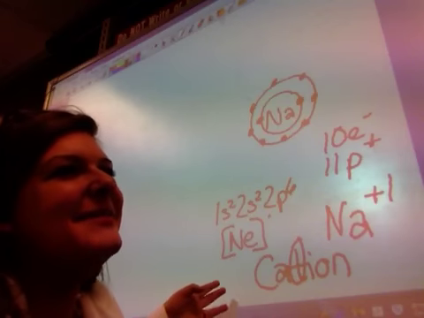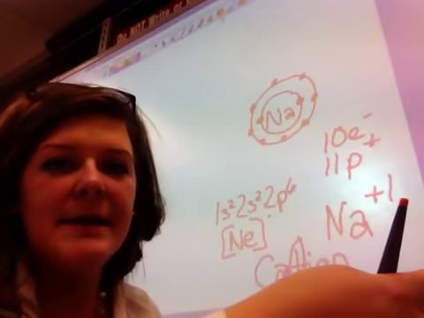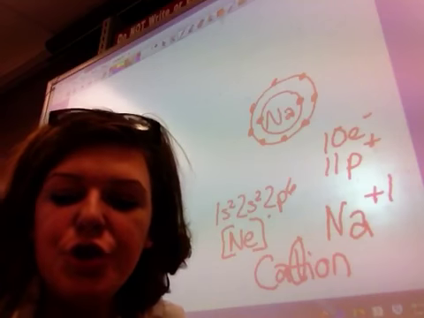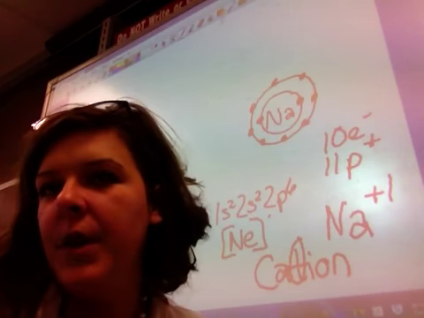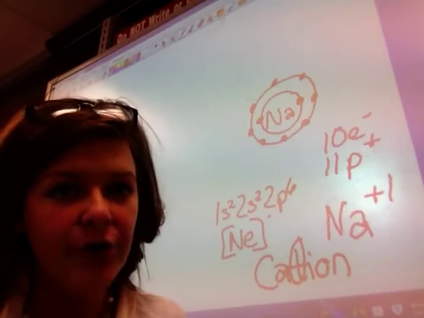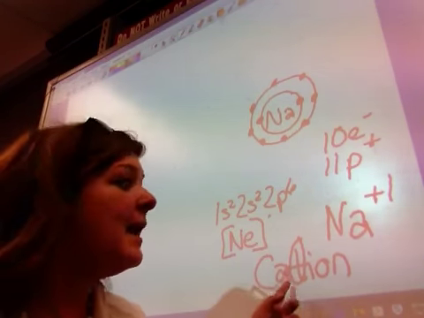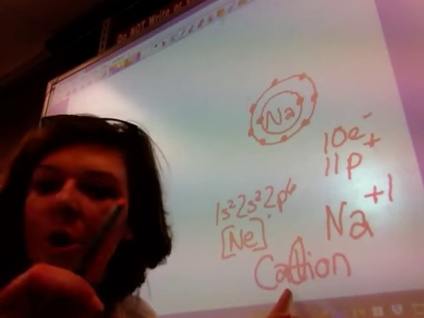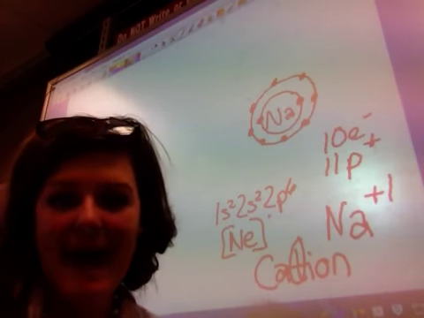The metals are typically on the left side of the periodic table, and the nonmetals are typically on the right side. The nonmetals, do they want to gain electrons or do they want to lose electrons? Nonmetals want to gain electrons. So if they're gaining, they're going to have more of a negative charge. But cations have to have a positive charge. So nonmetals aren't cations. Metals are typically cations.